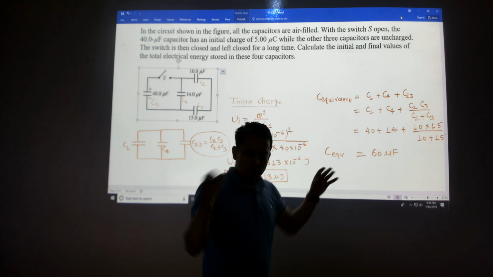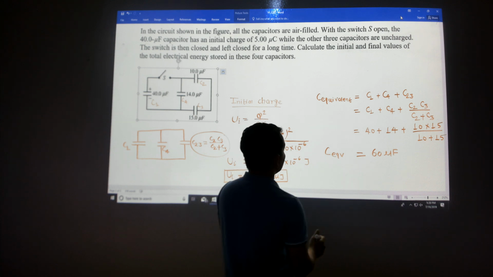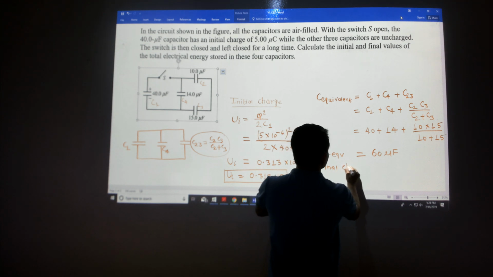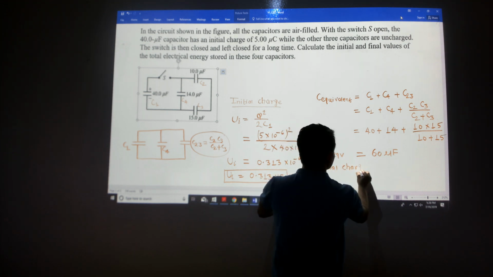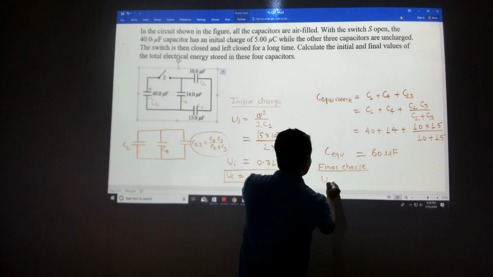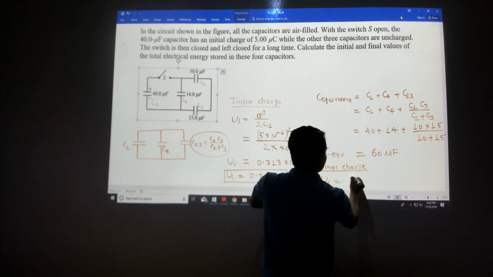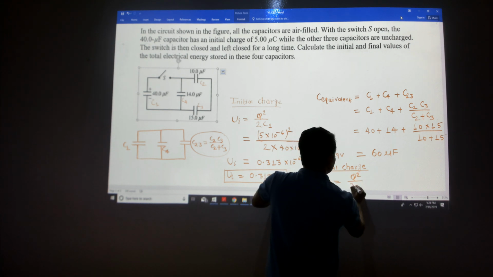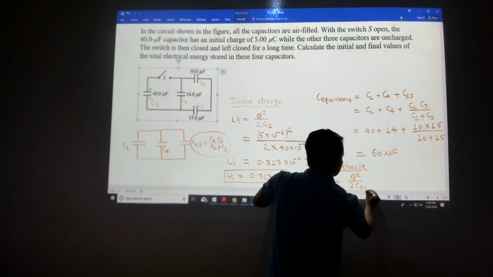So now the total energy of the system, the U final, is given by U final equals Q square over 2 C equivalent.